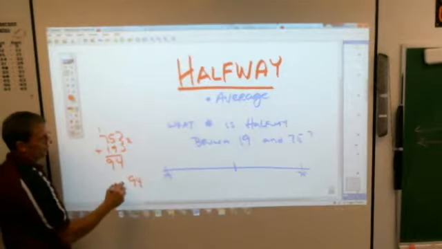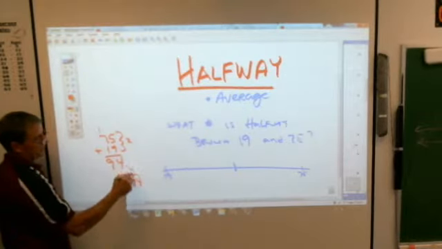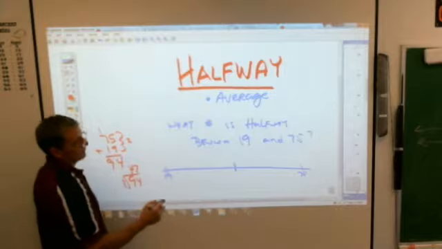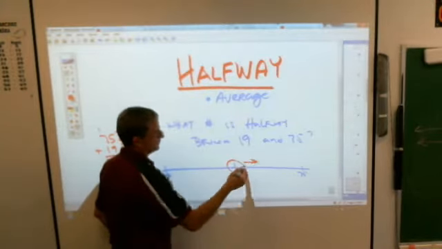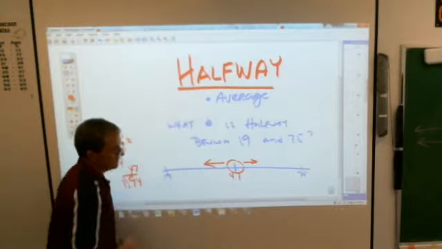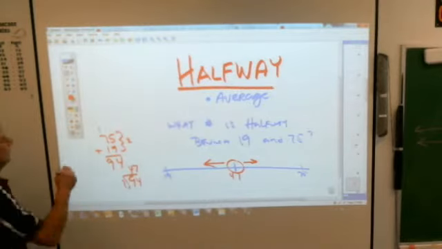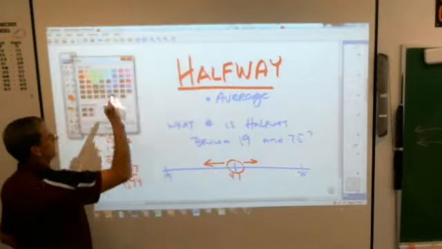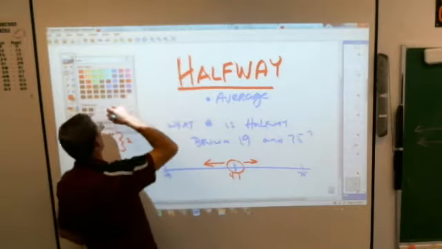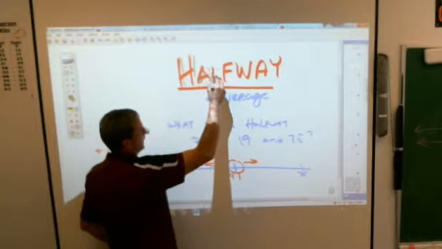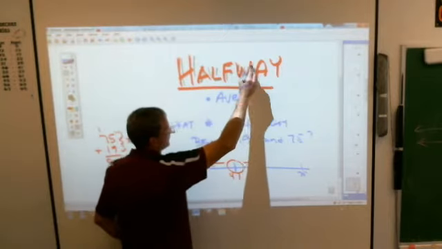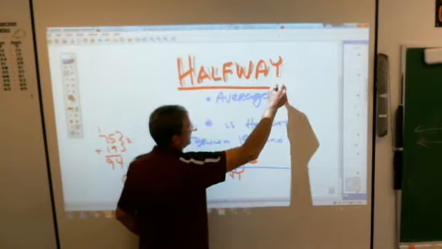Half of 94 is 47. 47 is halfway between that and between that. So if they ask you for halfway, they are simply asking you for the average of two numbers. It's pretty easy.